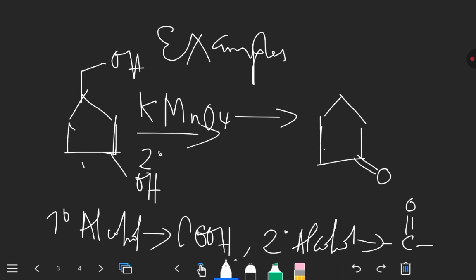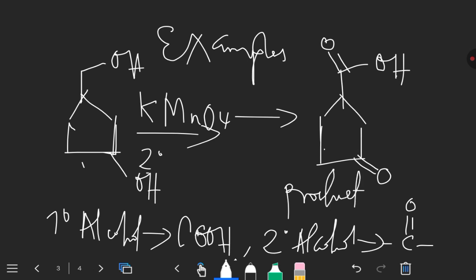So this primary alcohol will be converted to a carboxylic acid. So we should have a carboxylic acid there like that. So this is our product. Okay, so this is how we can write our product.